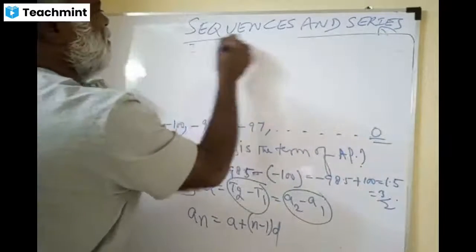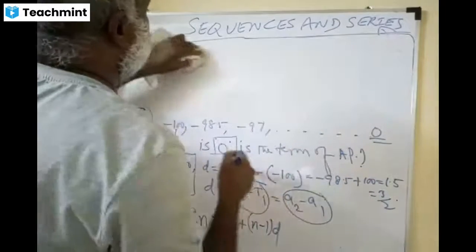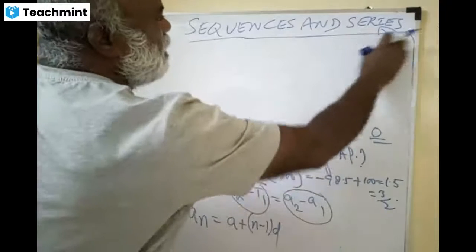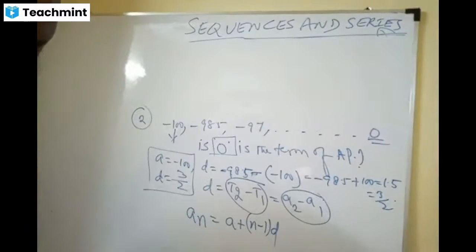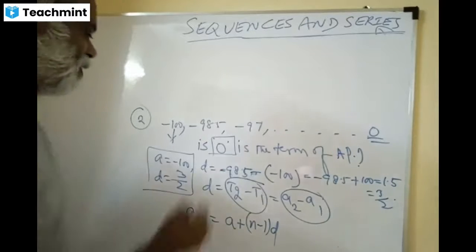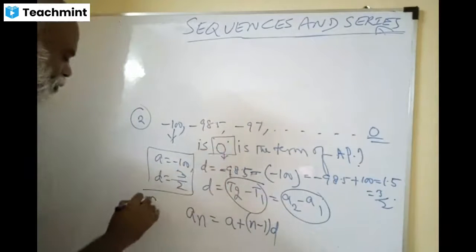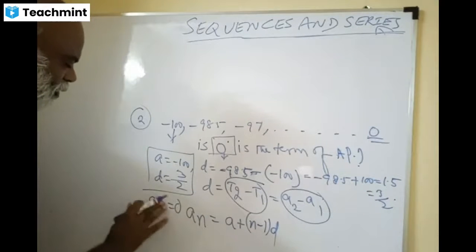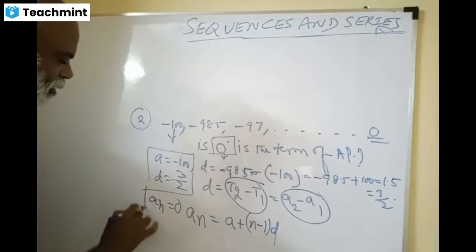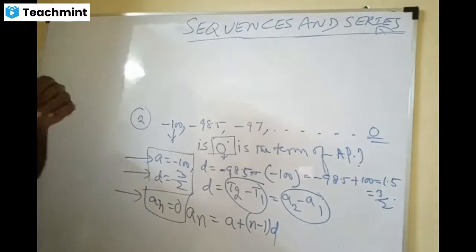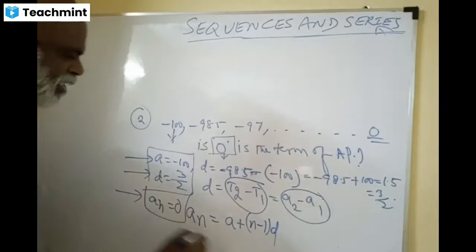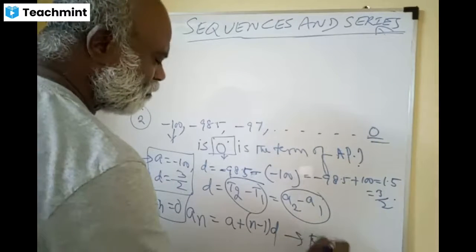Check whether the given number is a term of an AP or not. In that case, you should take that number as AN equal to 0. These three things are given to you. Now use this formula.